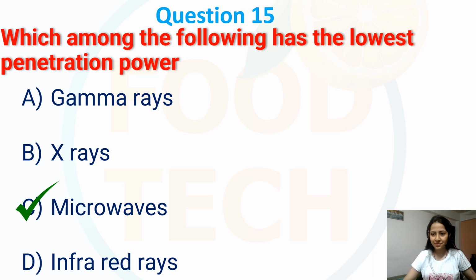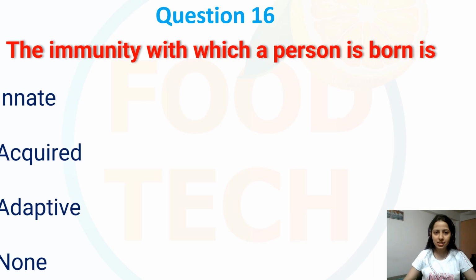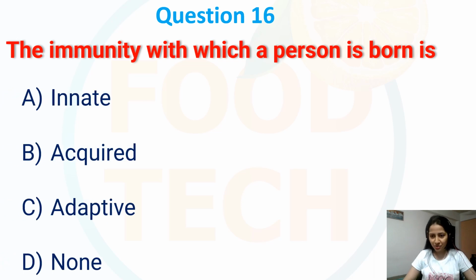Next question, number 16. The immunity with which a person is born is, and the options are innate, acquired, adaptive, or none. The immunity with which a child is born, naturally present within him or her without prior exposure to pathogens, is known as innate immunity.